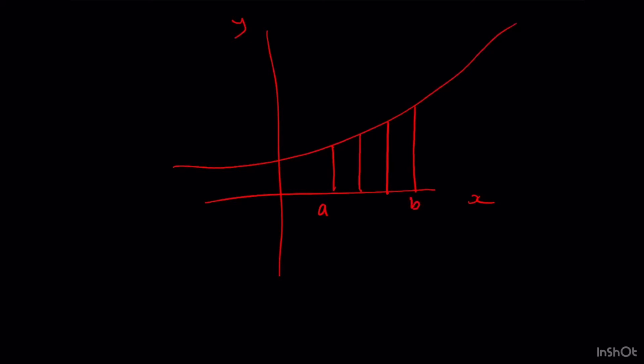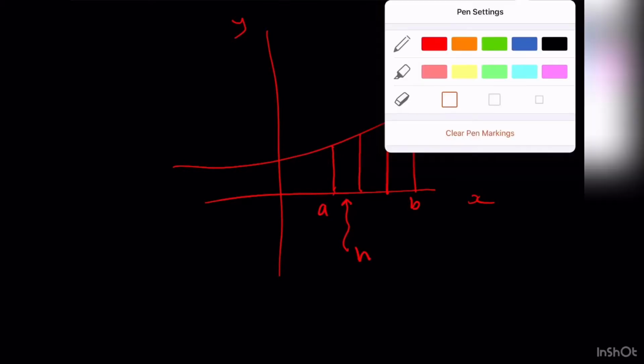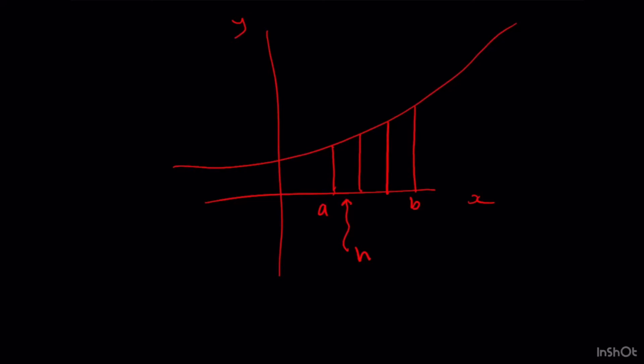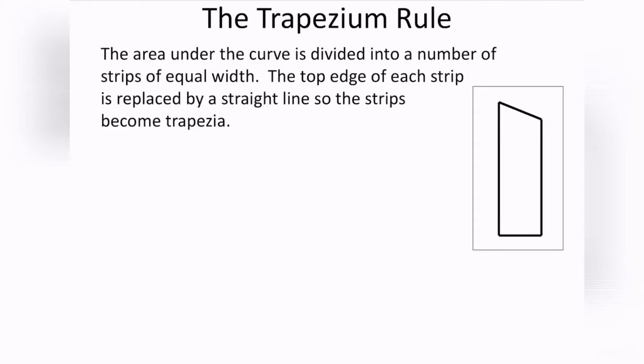These trapezia have the same width. Let's call the width h. So they have equal width. Going back to the slide: the top edge of each strip is replaced by a straight line, so the strips become trapezia.